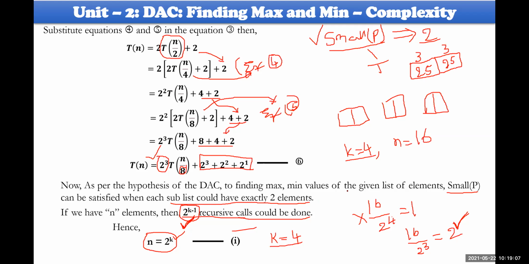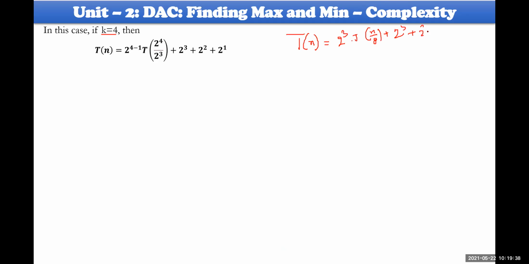Next is that operation, which you can see here. If k is equal to 4, what exactly would it be? Please remember that the operation takes place like this: T of n will be equal to 2 cube into T of n by 8 plus 2 cube plus 2 square plus 2 power 1.